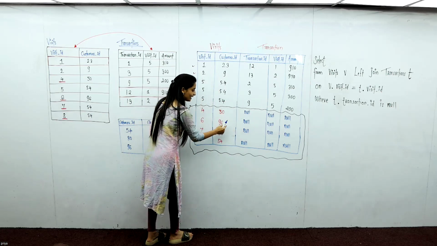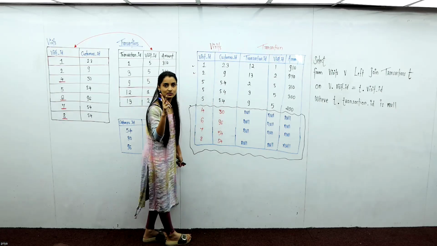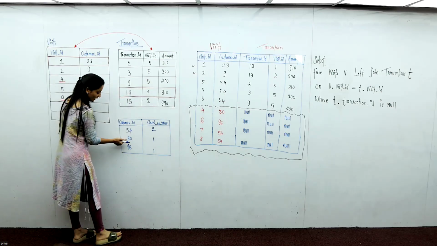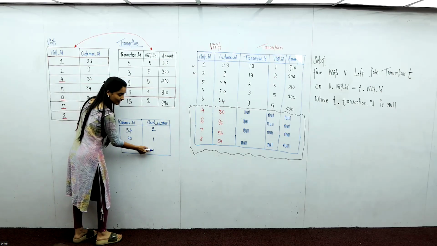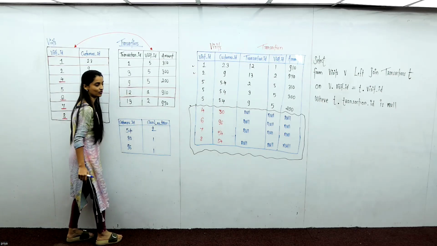So 30 and 96 visited one time each, but 54 visited 2 times without a transaction. This is what they want in the output.